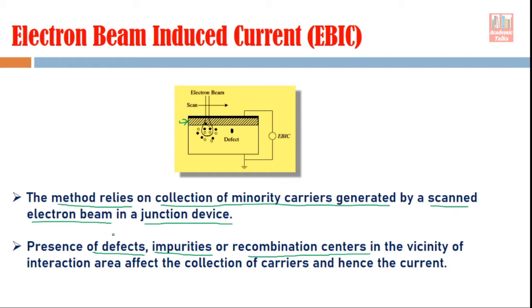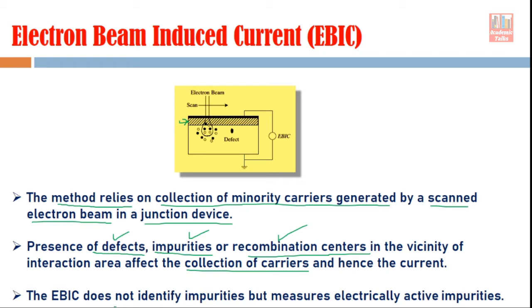If defects are present in the vicinity of this portion, and if impurities are present here, and if there are some recombination centers, all these three will affect the concentration of free carriers in this portion, and that way the current which is collected at this junction will also be affected. So whatever current is flowing here is a measure of defects, impurities and recombination centers.